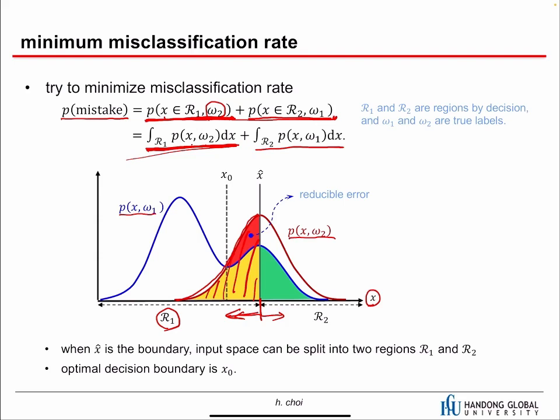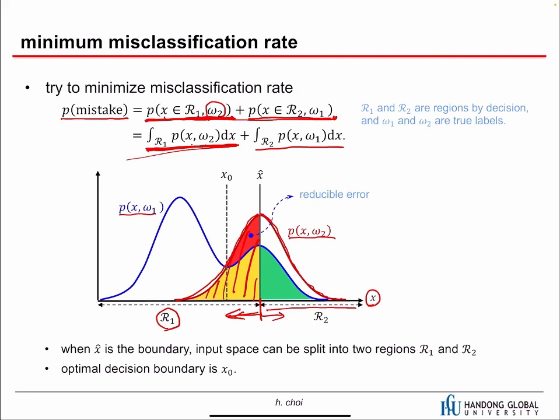However, if X is here, which means the model says this X belongs to class 2, then if the true label is 2, it's perfect, right? It's correct, so it's good.